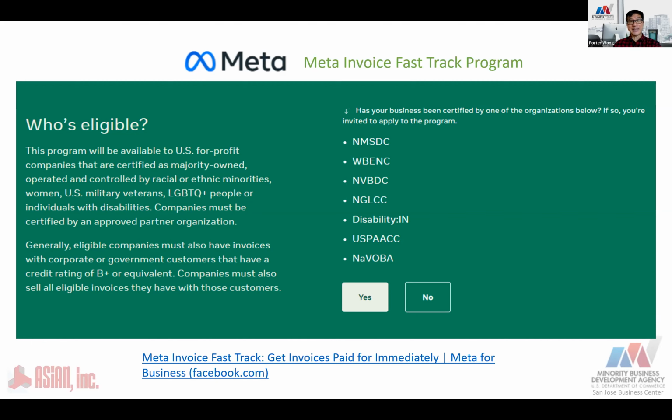Over here, I list a number of organizations that can help you process your certification, so you can contact any one of these. Once you have your certification done, you can apply and get invited to the Meta Invoice Fast Track program. If you Google Meta Invoice Fast Track, you will be able to see all the information.